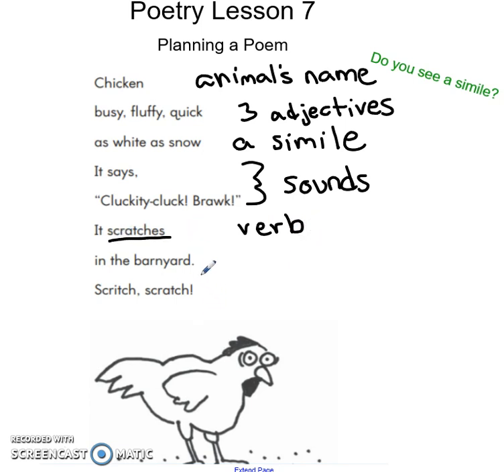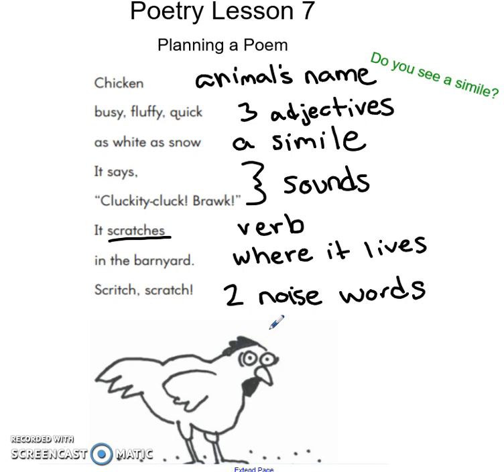So it scratches. Then line 7 tells us where the animal lives. In the barnyard. And then line 8, we have 2 more noise words, or onomatopoeia.